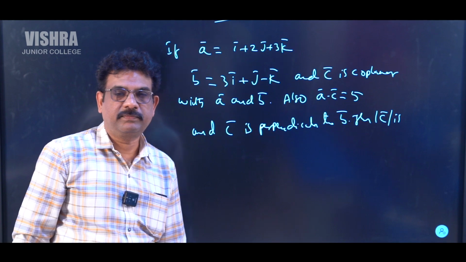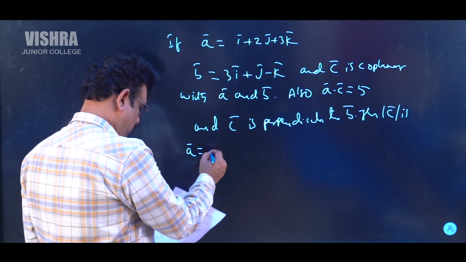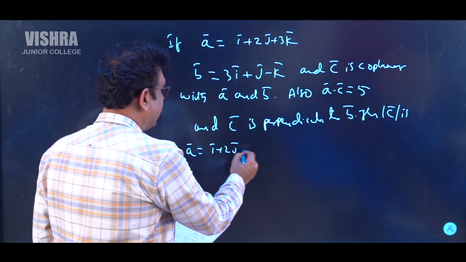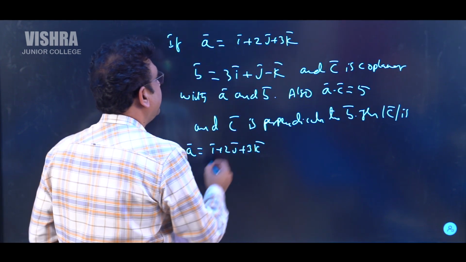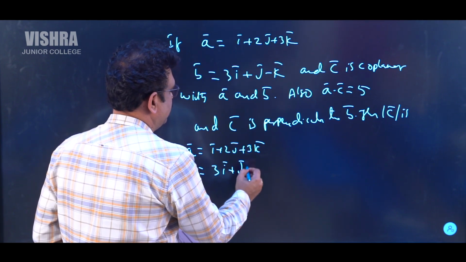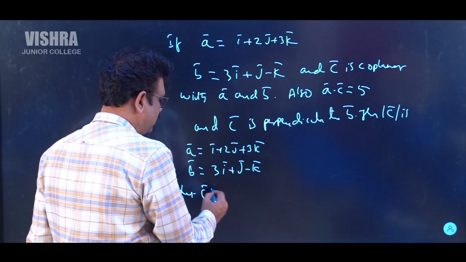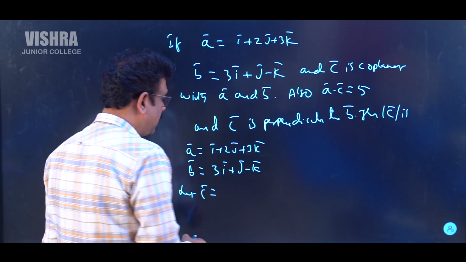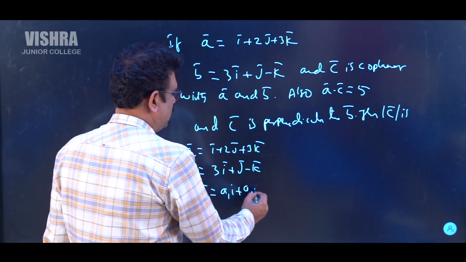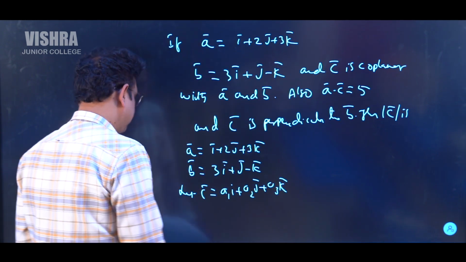Right. Given A bar is equal to I bar plus 2J bar plus 3K bar, B bar is equal to 3I bar plus J bar minus K bar, let C bar be equal to A1 I bar plus A2 J bar plus A3 K bar.